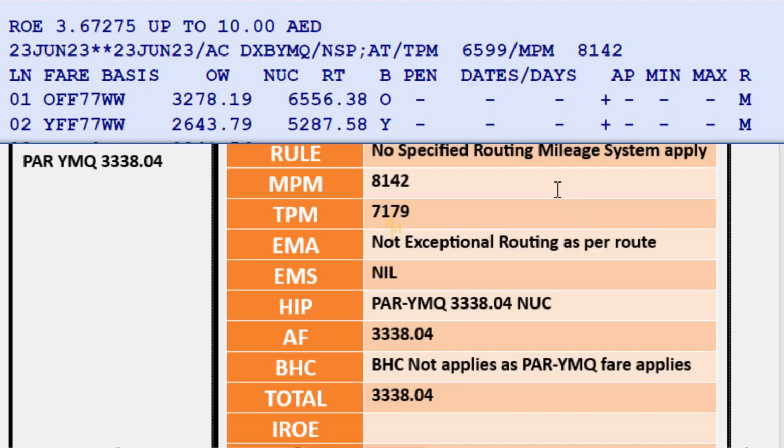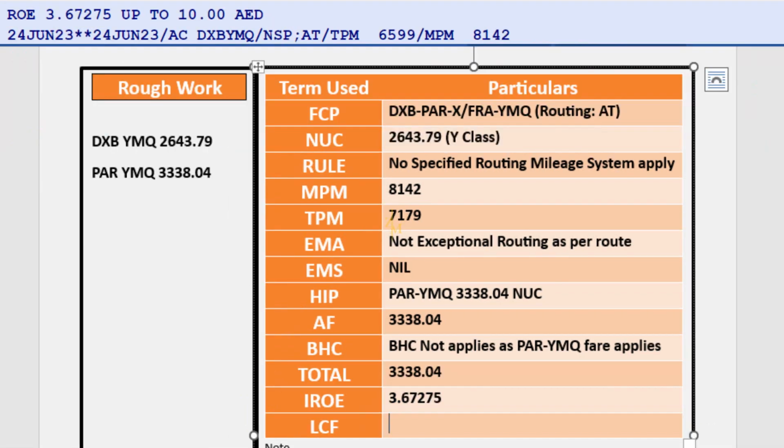3,338.04. Step 12, IATA Rate of Exchange, IROE, or Rate of Exchange, ROE, is the conversion rate used to calculate the fare in the local currency. In our example, the IROE or ROE is 3.6725. Step 13, Local Currency Fare, LCF, represents the final fare amount in the currency of the issuance country.